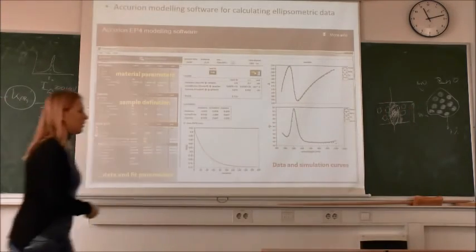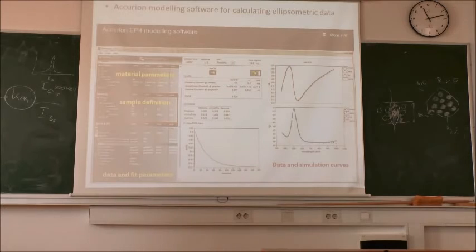The calculating of ellipsometric data can be done very easily by a Curian modeling software. In this software, there are three parameter definition sections: material parameter definition section, sample definition section, and data and fit parameter definition section.